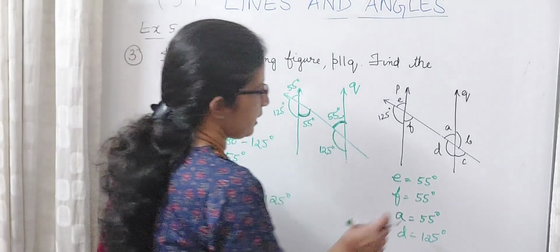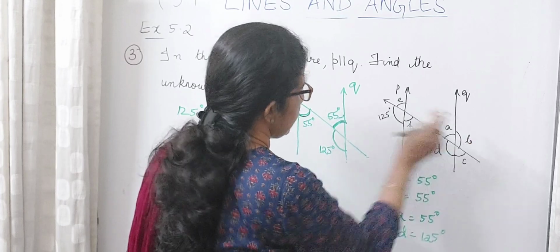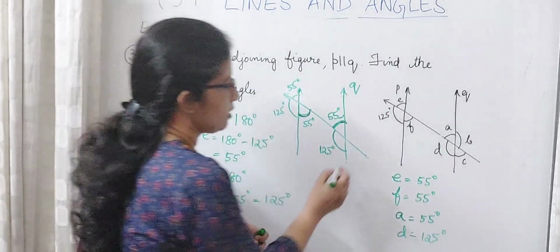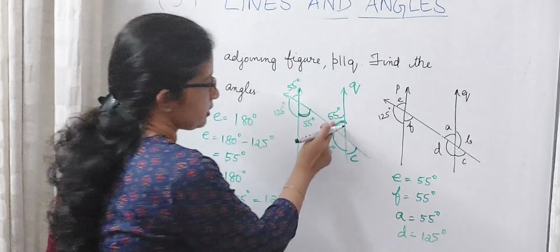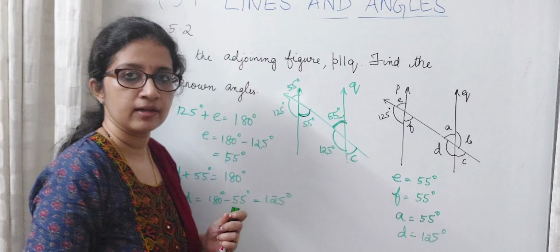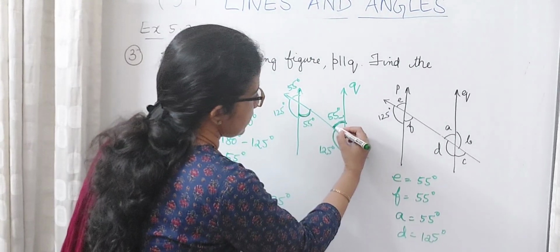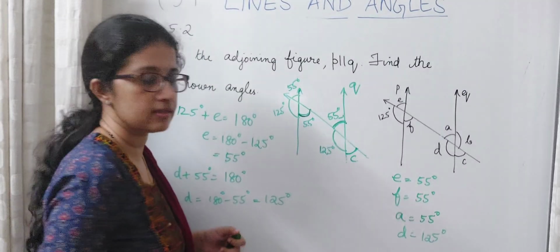Now what we have to find? We have found A and D. Now we have to find C and B. If this is C, what about this A and this C? They are vertically opposite angles, correct?